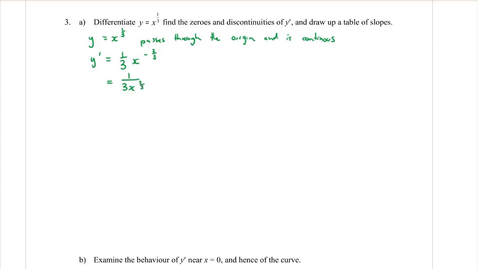So by putting it back in that form, we could see that that gradient is not going to have any zeros, but it's going to be discontinuous at x equals 0, because x equals 0 would make that denominator 0, wouldn't it? So this means it has no zeros, but is discontinuous.